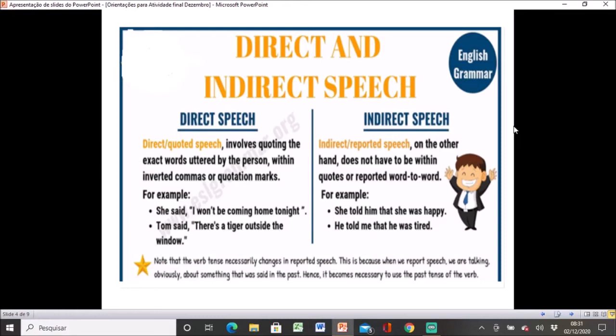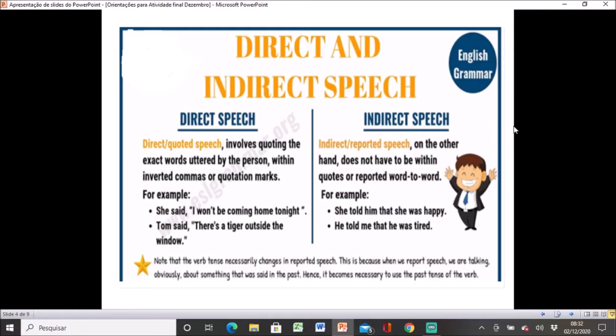Indirect speech. Indirect reported speech, on the other hand, does not have to be within quotes or reported word to word. For example, she told him that she was happy. He told me that he was tired.